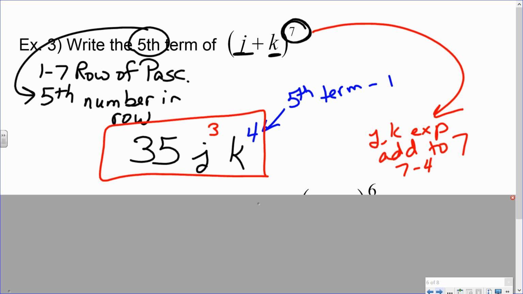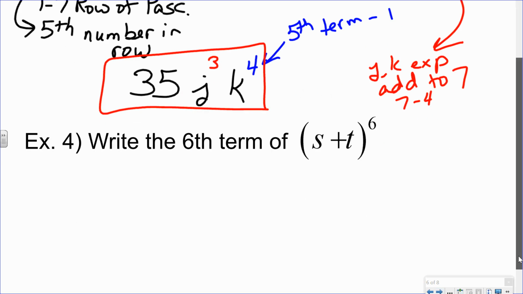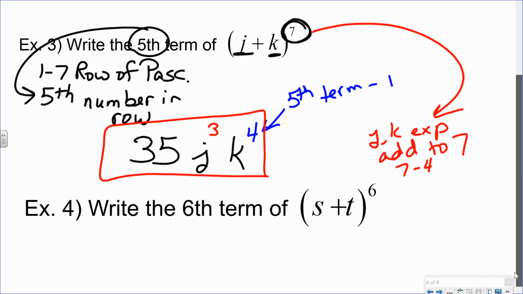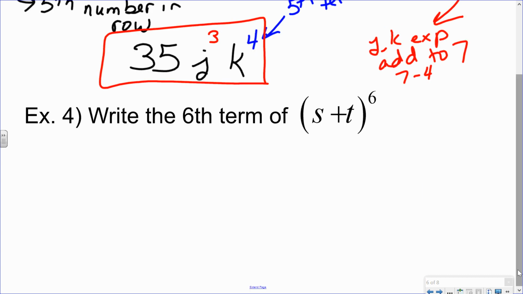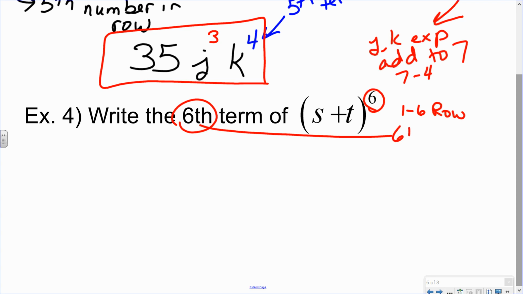Kind of nice. One more, and then we'll get going on homework. This time, let's do the sixth term of s plus t to the 6th. Which row of Pascal? The 1, 6 row. Which term do I need in that row? Look at your 1, 6 row and count over: what is the 6th term in that row?